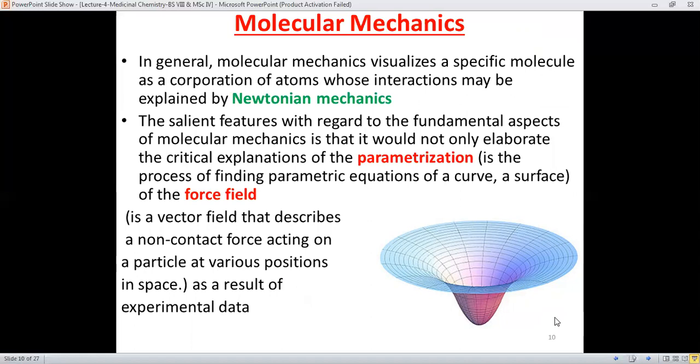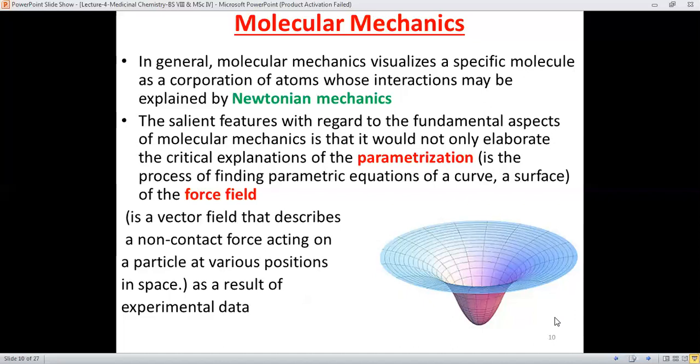First is molecular mechanics, and in general, molecular mechanics visualizes a specific molecule. How will it visualize any molecule? A molecule consists of many atoms, and these atoms are cooperating with one another, and whose interactions may be explained by Newton mechanics.